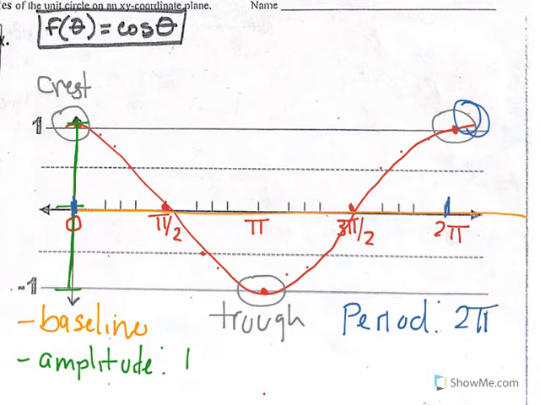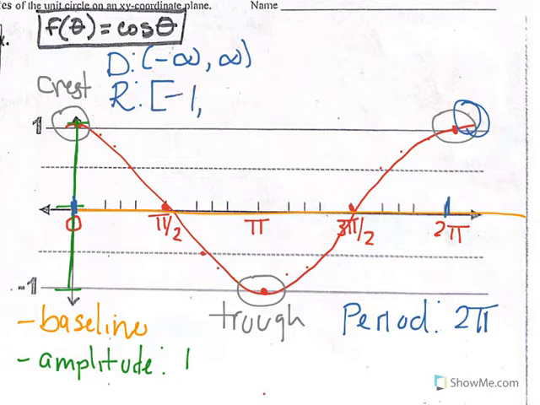Remember, from 0 to 2 pi in the unit circle, you don't have your values repeating, but after 2 pi, we have the same values. Okay? Let's do the domain. The domain for this graph that continues on would be from negative infinity to infinity, and the range for this graph would be from -1 to 1.